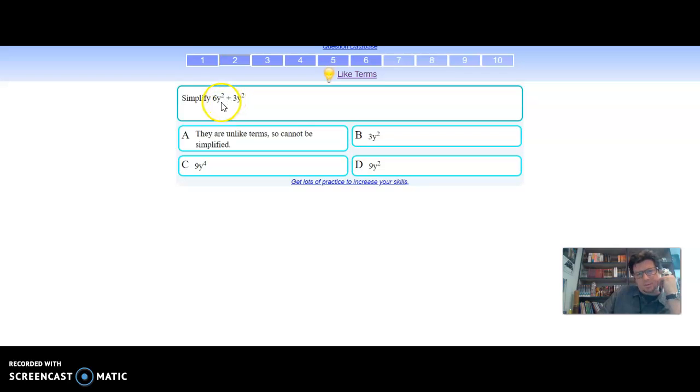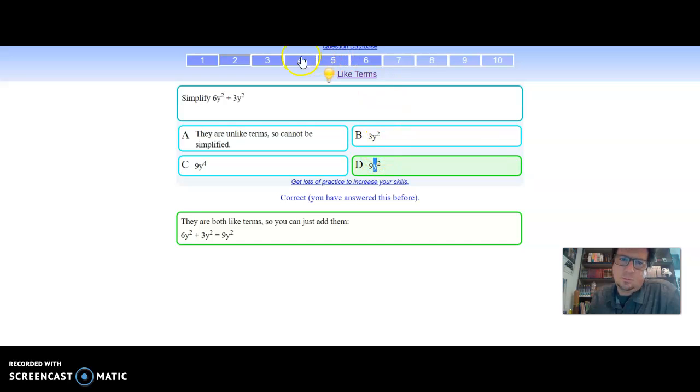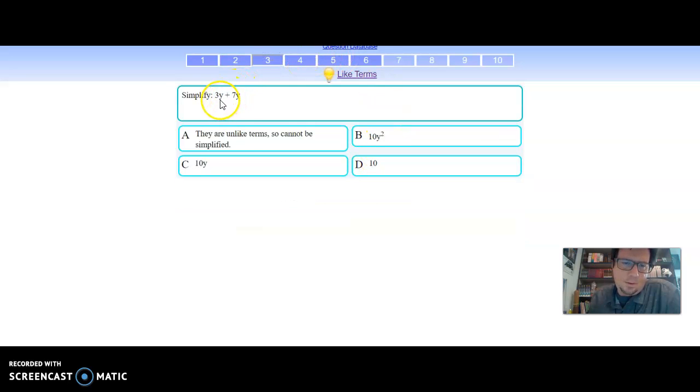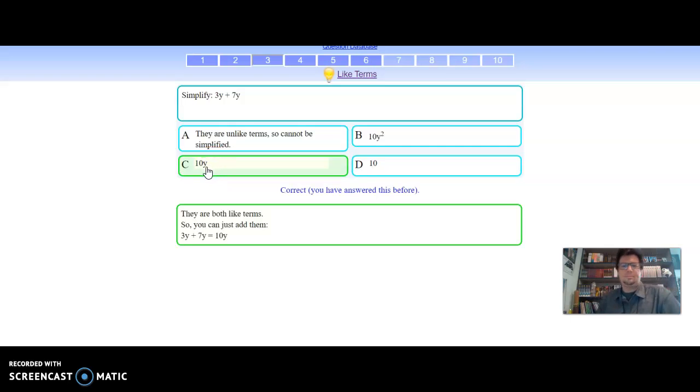Simplify, okay, 6y squared plus 3y squared. Put those two together, that's going to be 9y squared. Like terms, so it's basically 7 plus 3 plus y, so that's going to be 10y.